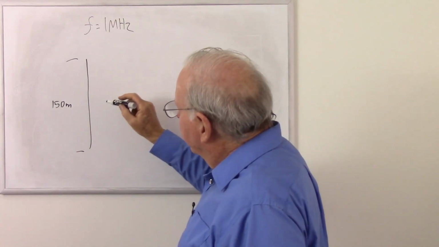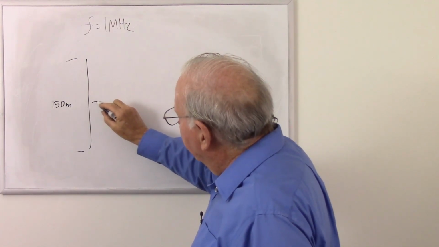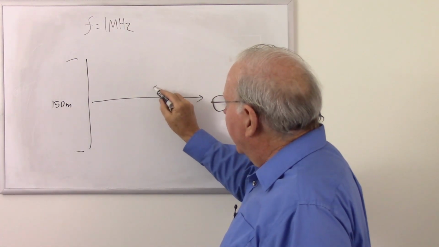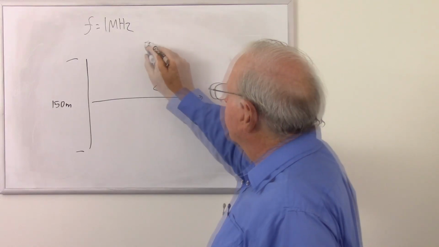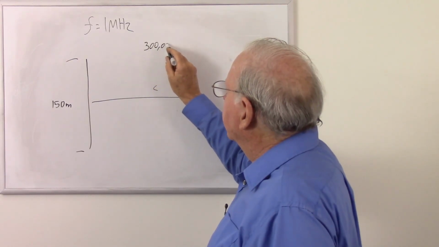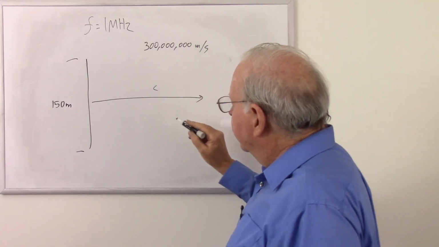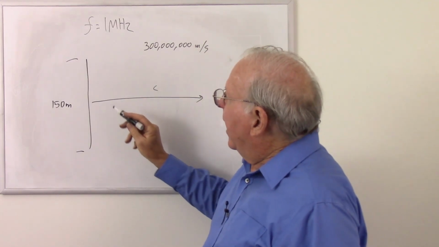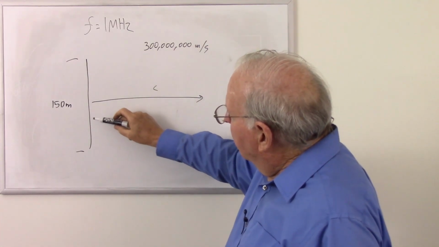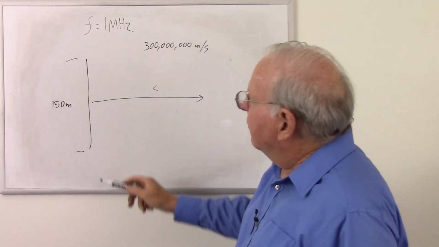Now the electric wave is moving away at what speed? The speed of light. We'll just call that c, but of course we know that is approximately 300 million meters per second.